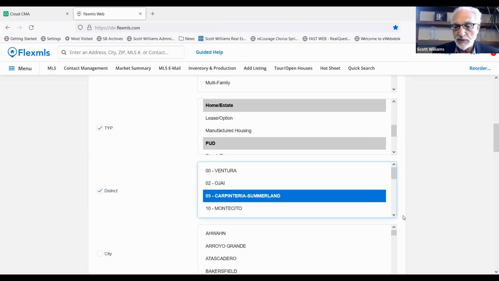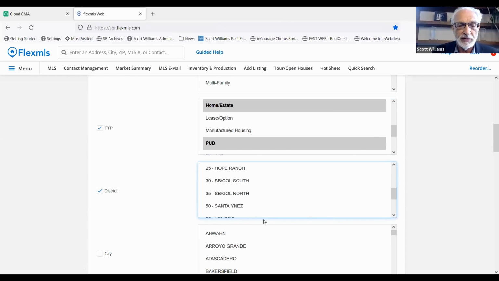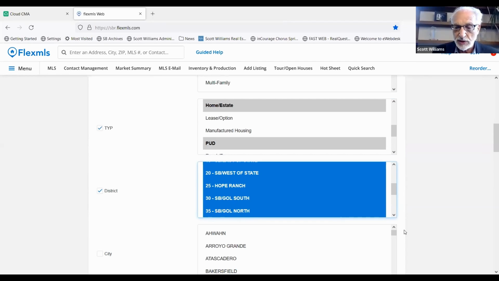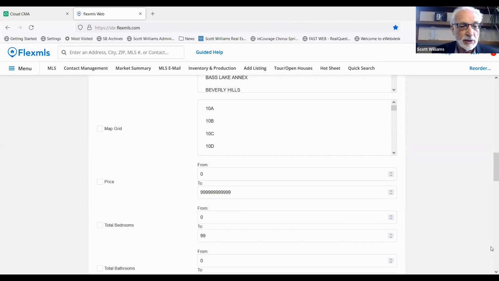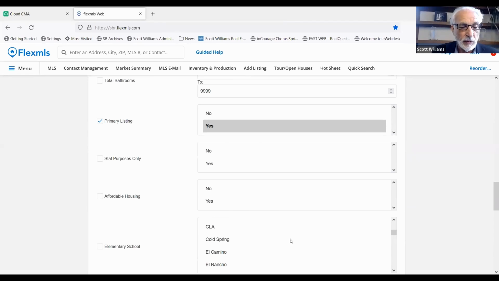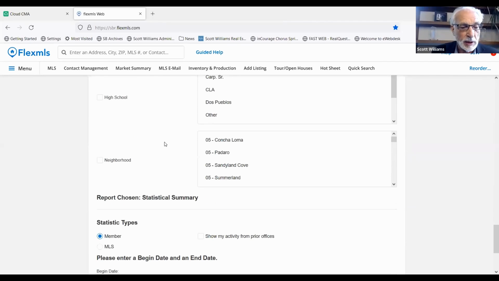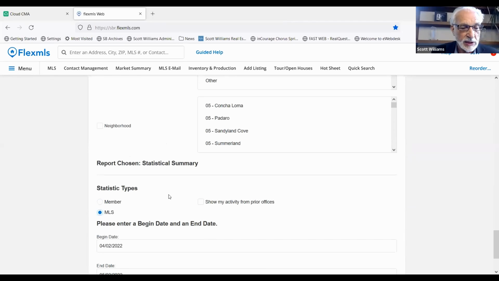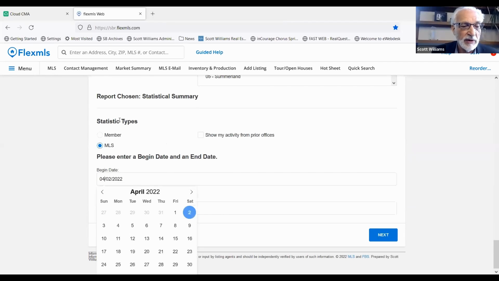And we're going to take this for the South Coast. I hope you're all familiar with going into the MLS and looking at statistical things. If you're not, I would be able to help you when you get to the point where you're having to try and do this yourself. We are going to be putting in the MLS, not just the member, and I'm going to set this for 12 months. In just a moment, I'm going to show this to you all printed up to make it easy for you to see.